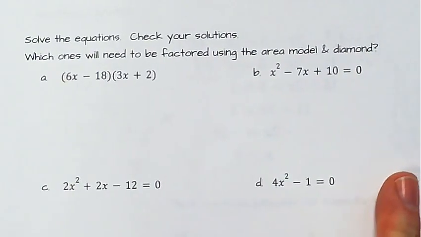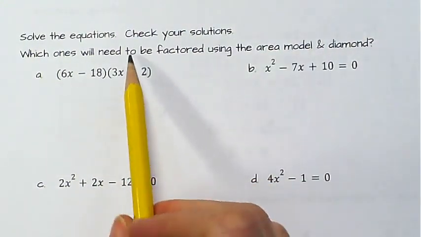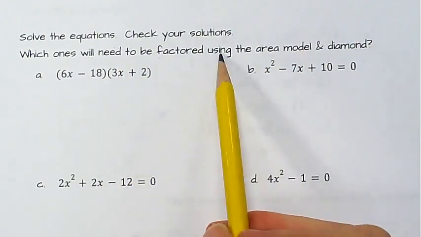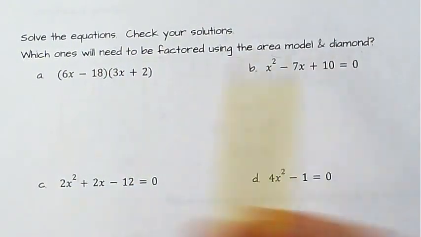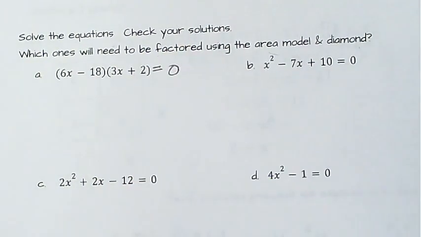These equations are quadratics, so it's asking us which ones need to be factored using area model and diamond. Well, I forgot to put equals 0 here. Put it equals 0. This has already been factored.